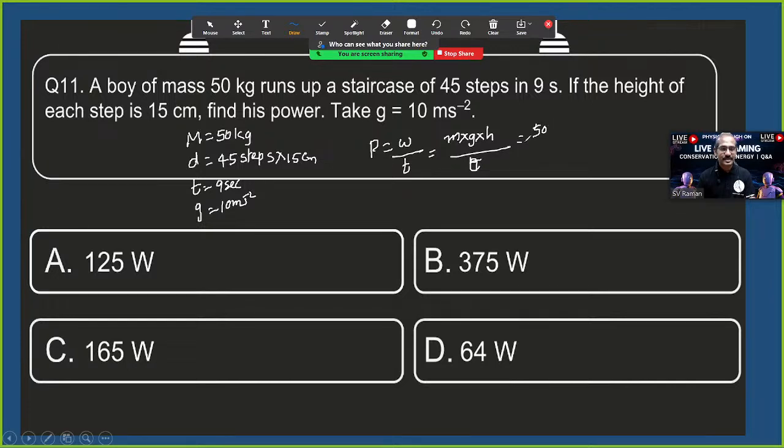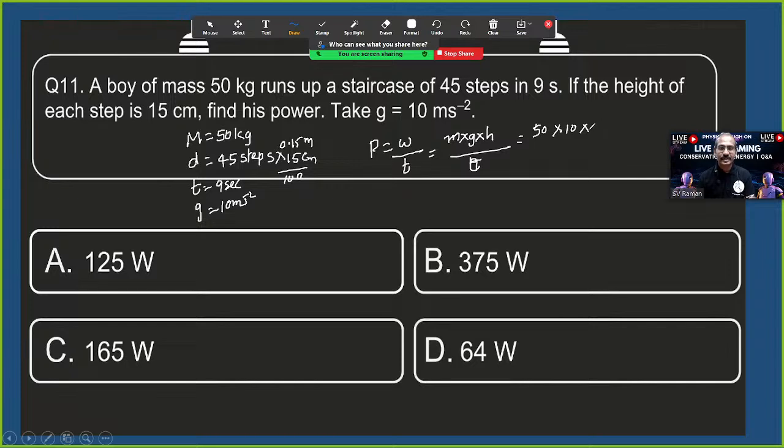So substitute the mass value: 50 kilograms into g 10 meters per second square into height h, 45 into 15, which is in centimeters, we have to convert into meters. So 15 centimeters you can convert right away into meters by dividing by 100, you will get 0.15 meters into 45 steps.